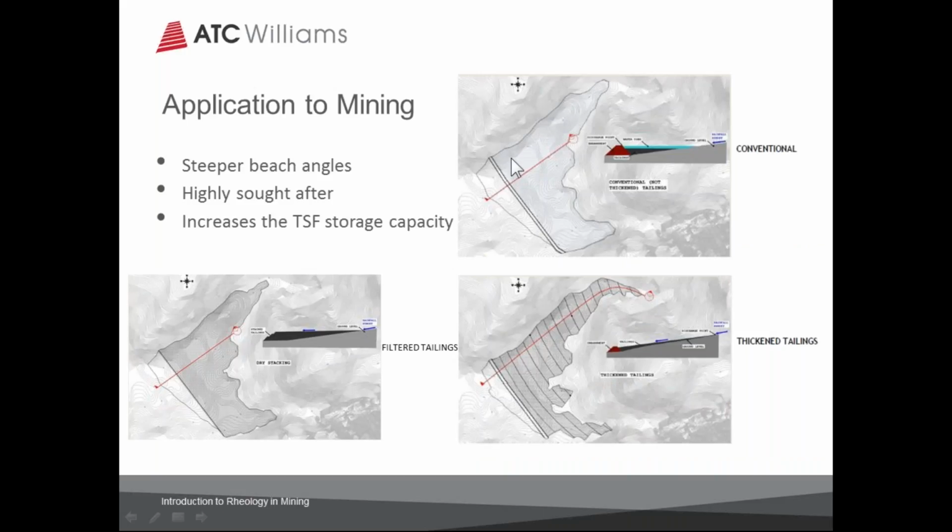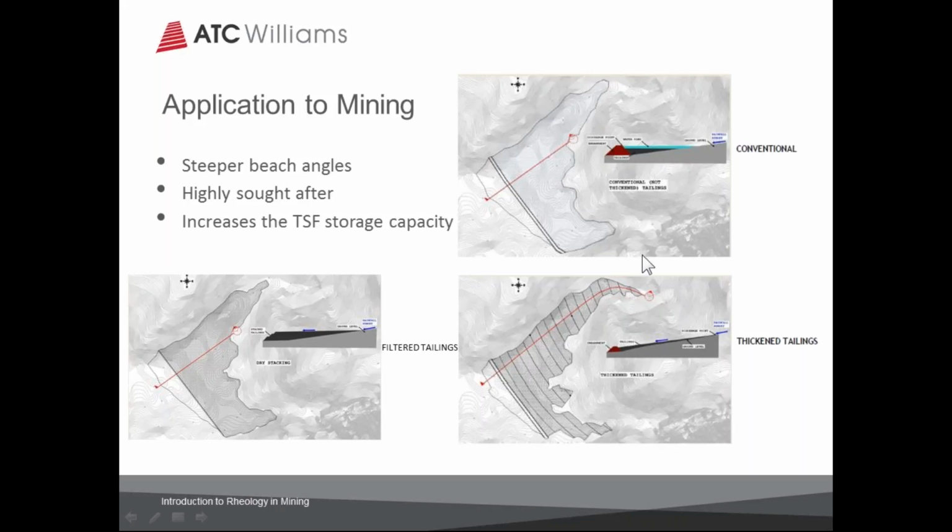If we just look at these diagrams, if we have a conventional storage facility, fairly low concentration, and a very flat surface and a rather large bund, that is typically what we will see.